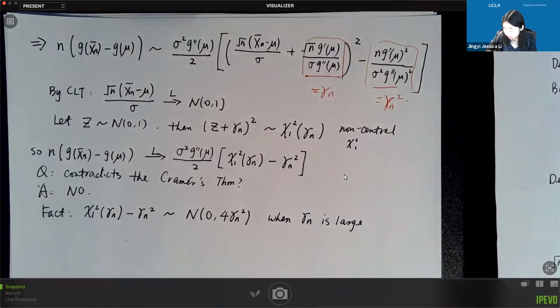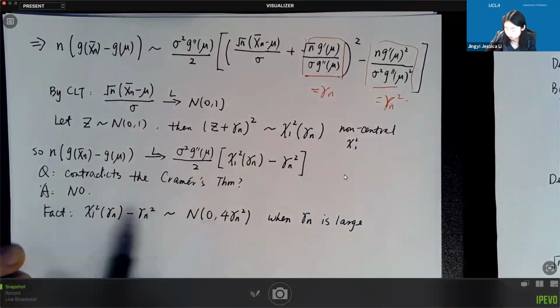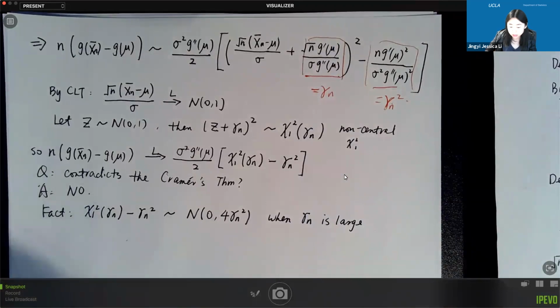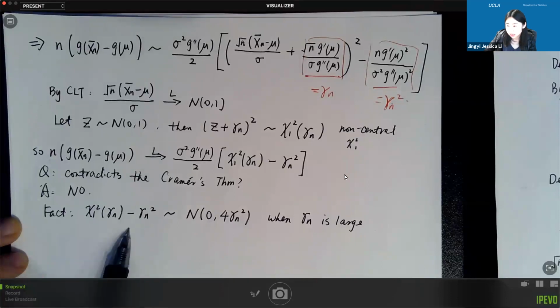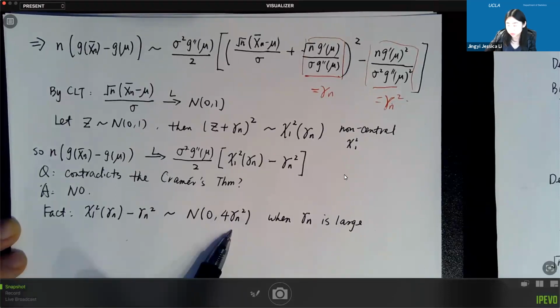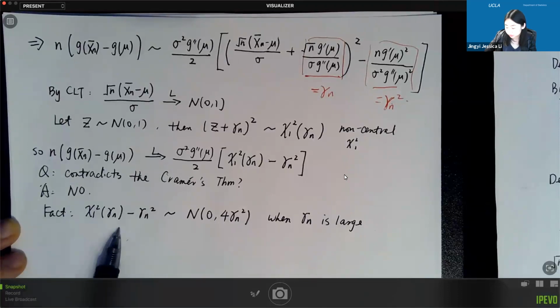When gamma n is very large, these two distributions are getting closer and closer to each other. That's a very interesting fact. You can check on your computer by plotting the density of the non-central chi-square distribution with a shift, and you can see that it looks very much like a Gaussian when gamma n is very big.